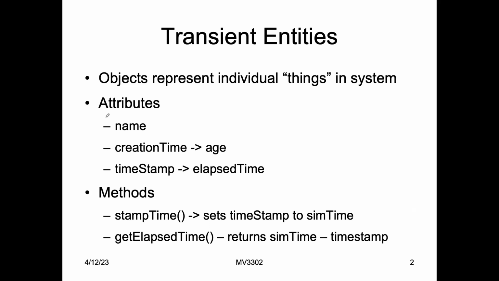When we implement them, they're going to be just instance variables. Some of the attributes, well, name, that's not a vital thing because the names aren't terribly important. But things like the creation time. So when an entity gets instantiated, created, then it remembers when it was created. So that's its creation time.